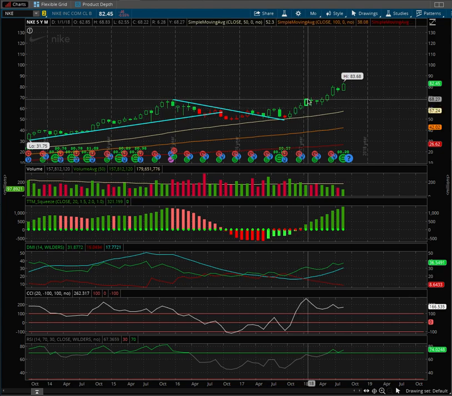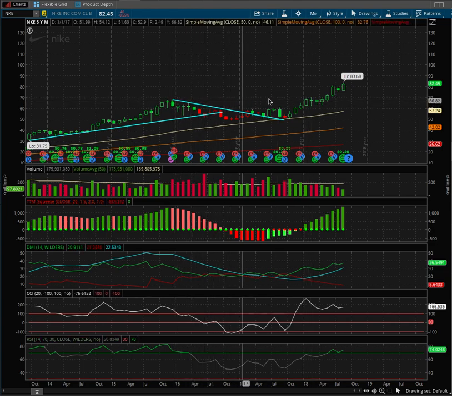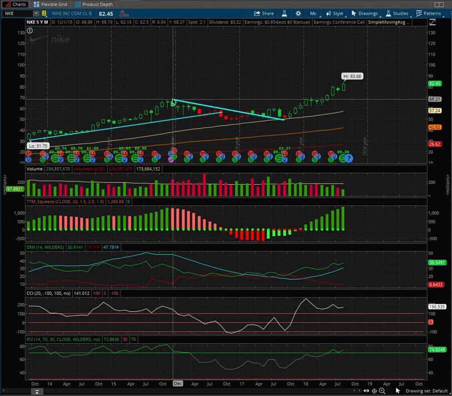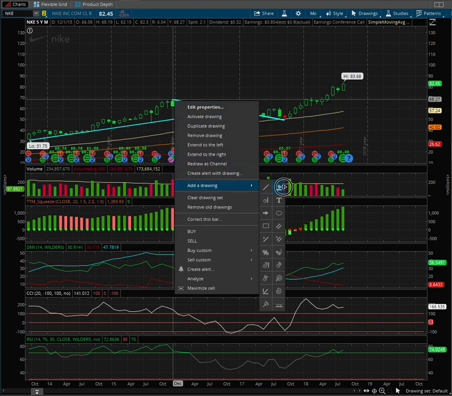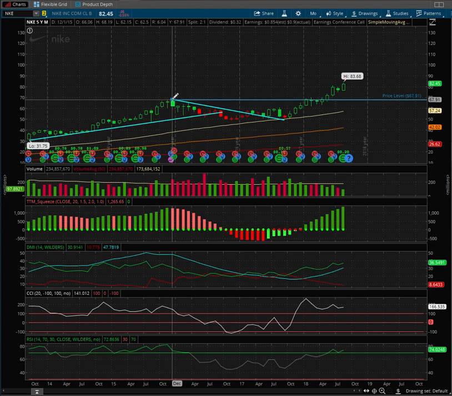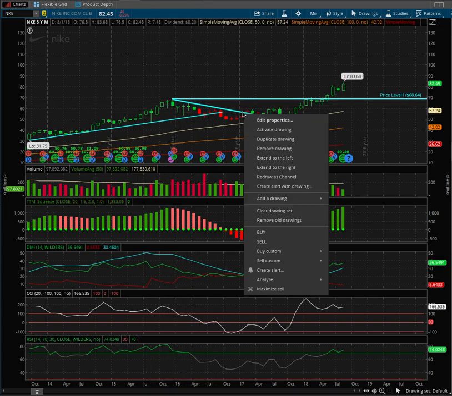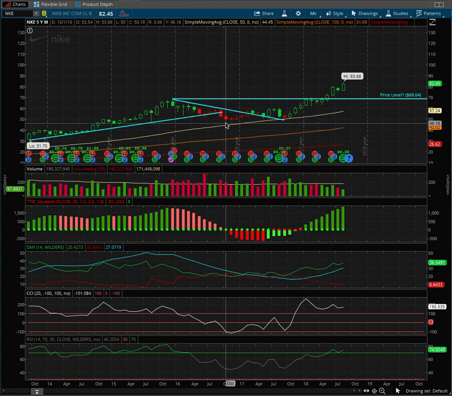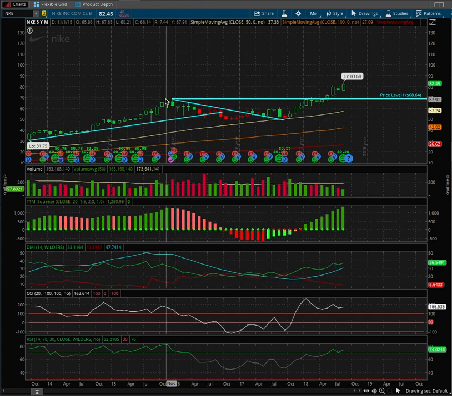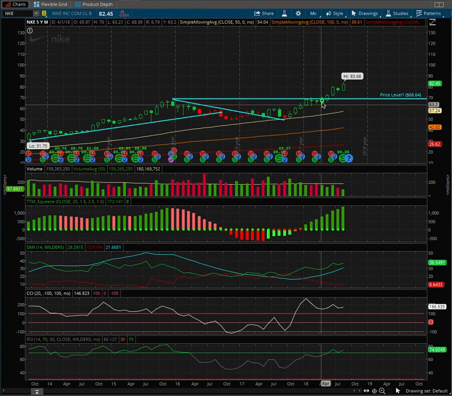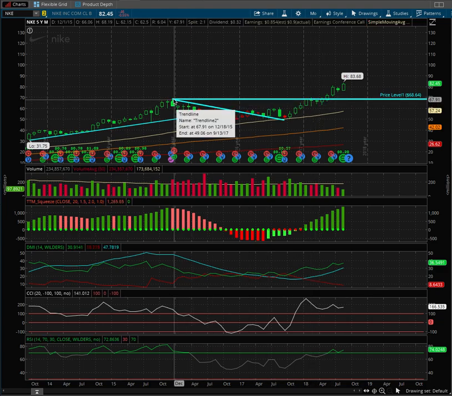And then we came up here, and notice here we're hitting the same high as this one. So then we can make a resistance line here, and we could see that going, and that's resistance from this previous high.